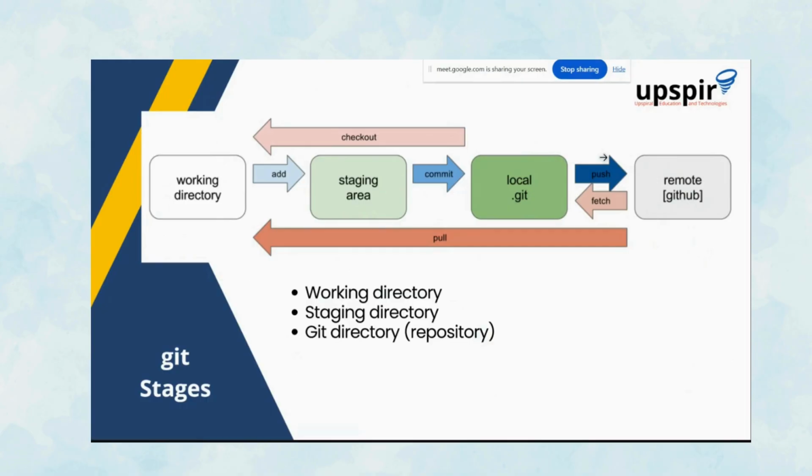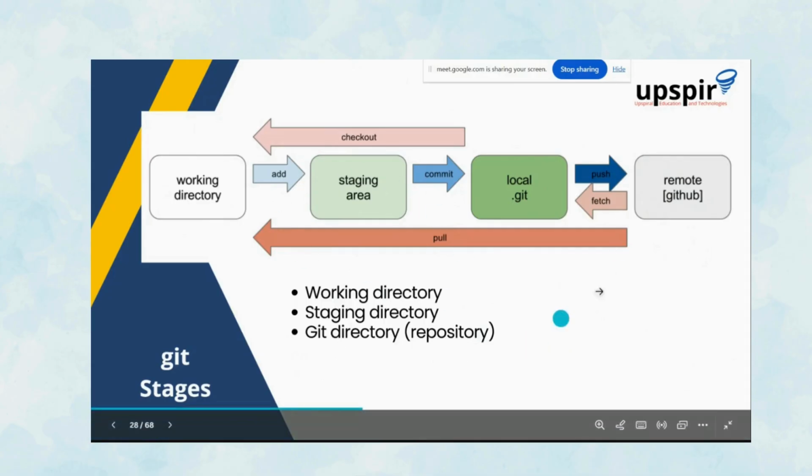You can also create a remote within your network. It is not essential to have GitHub or GitLab, but most people will do it because of the benefits we have seen earlier. So this is the basic workflow of Git.